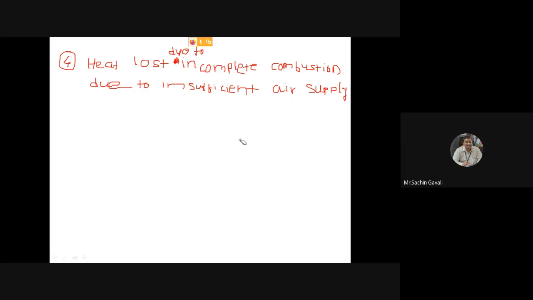The combustion heat of CO is less as compared to the combustion heat of CO2.